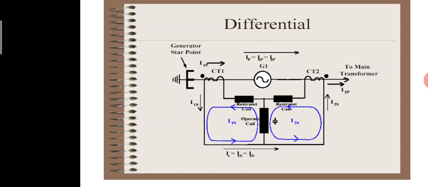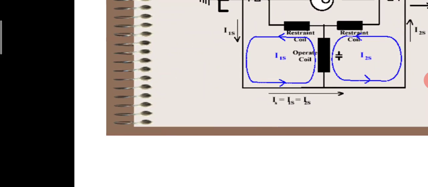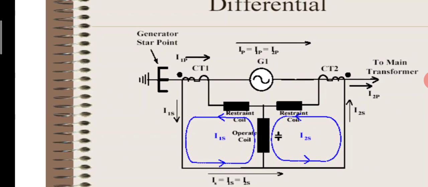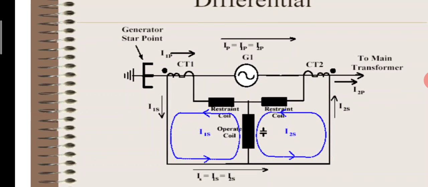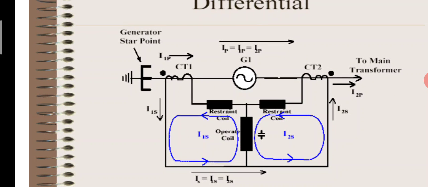So first, restraint 1, restraint 2, and operating coils. These are I1S, I2S. I1S is equal to I2S.